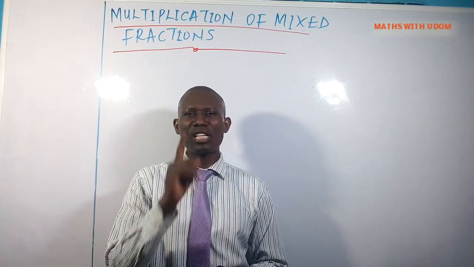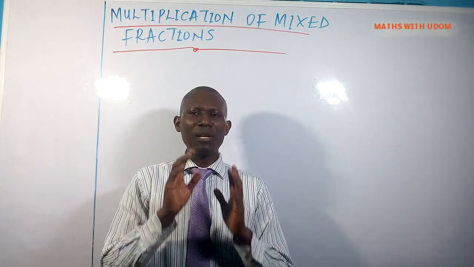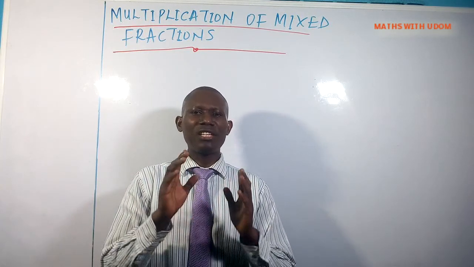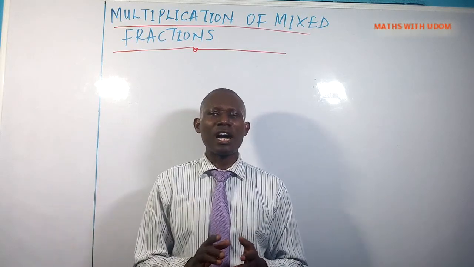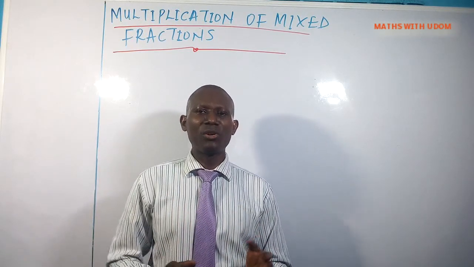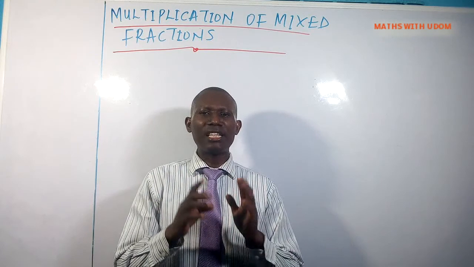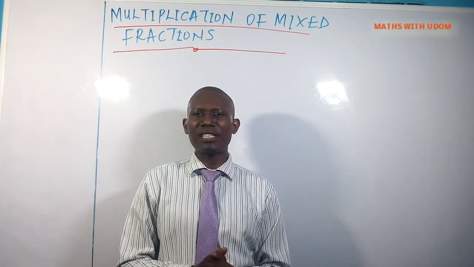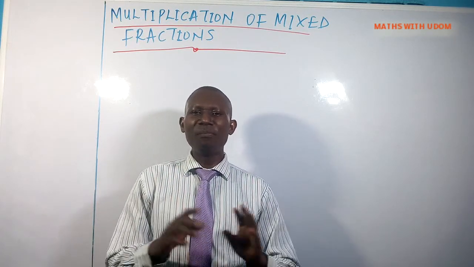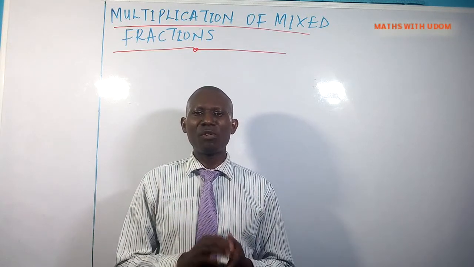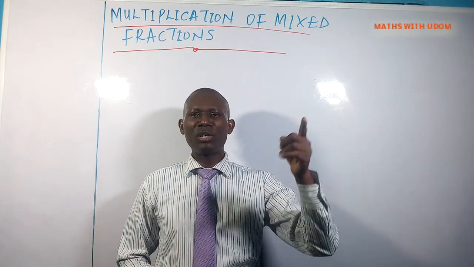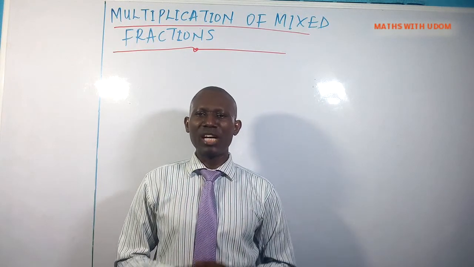Step number two, you look for the possibility of cross dividing, or cross cancellation. And then the third step is that you simplify the remaining fraction to the barest minimum such that there's no common factor between the numerator and denominator except one.